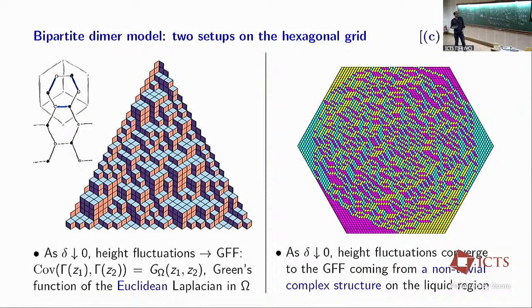If you are afraid of these words, just think of some different way of measuring angles here, which maybe completely degenerates near these corners. Imagine that, from the metric perspective, somehow all the corners collapse to points. And inside of the liquid region, there is some other non-trivial way of measuring angles.